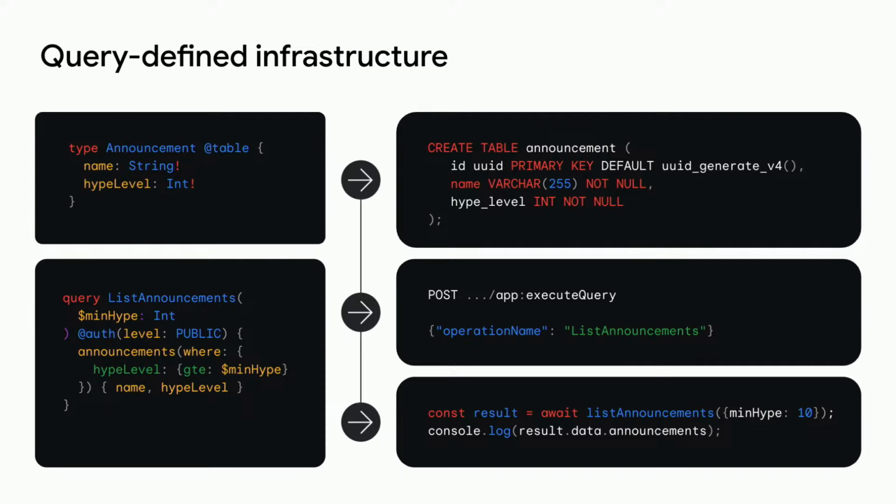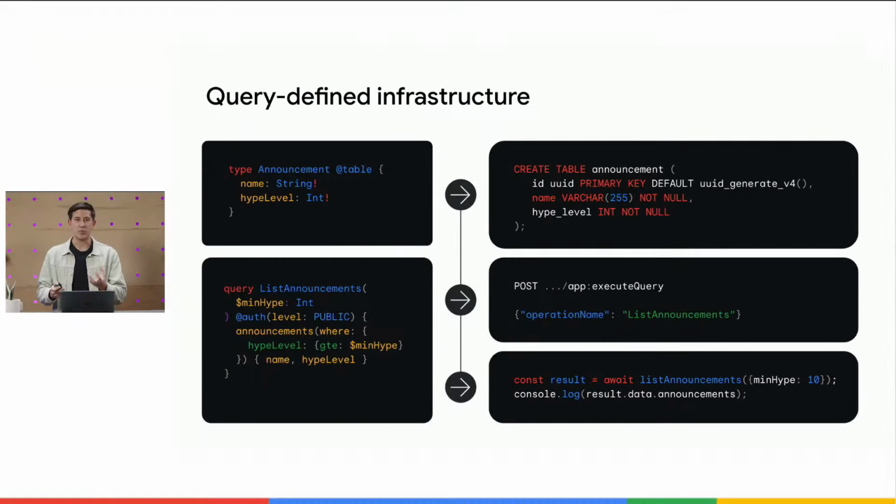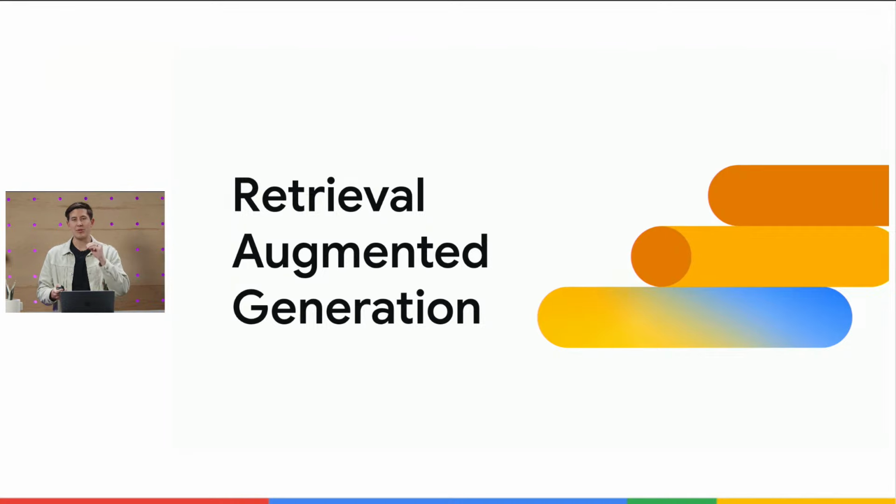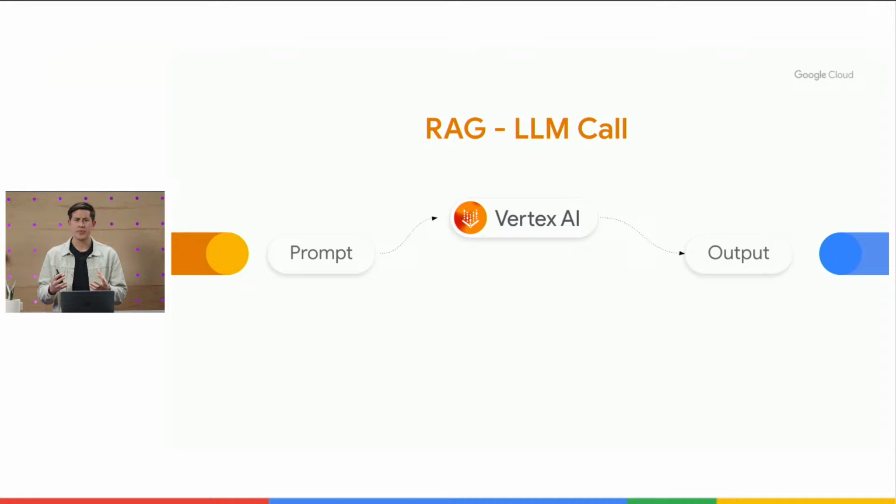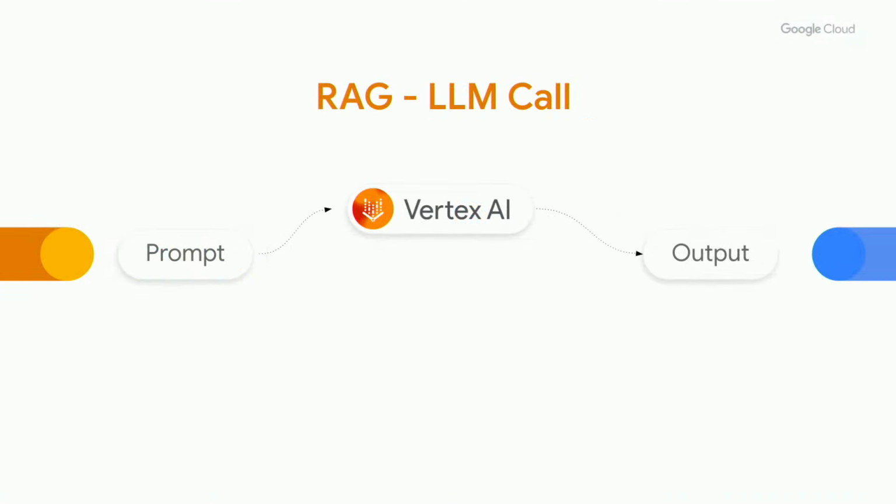So I mentioned earlier that we built this product with generative AI experiences in mind. We want customers to be able to have those immersive experiences. And to do that, you need retrieval augmented generation. Now, what does that mean? In this case, if I have a customer and I'm building an AI experience, I may have a prompt which I'll pass to the AI and it'll give me a response.